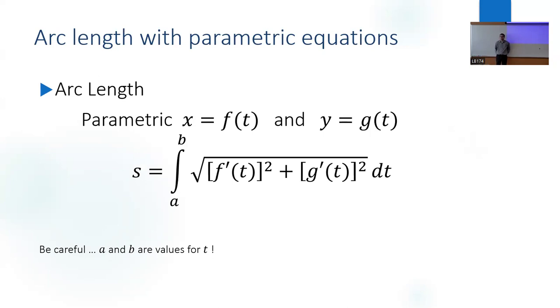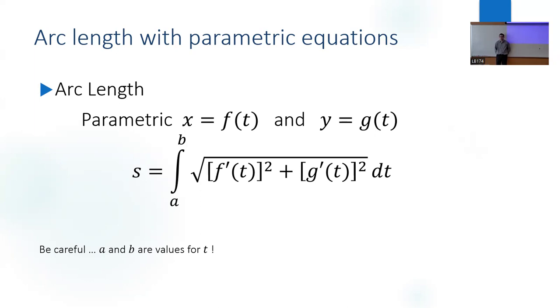The length of your curve is called the arc length. So if we have two parametric equations, x equals f of t, y equals g of t, then the arc length, again, the length of the curve, can be found by integrating from a to b this square root.